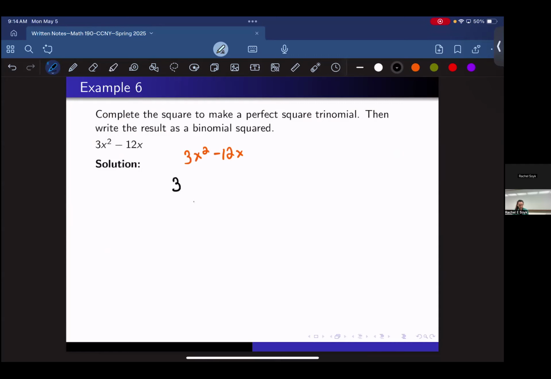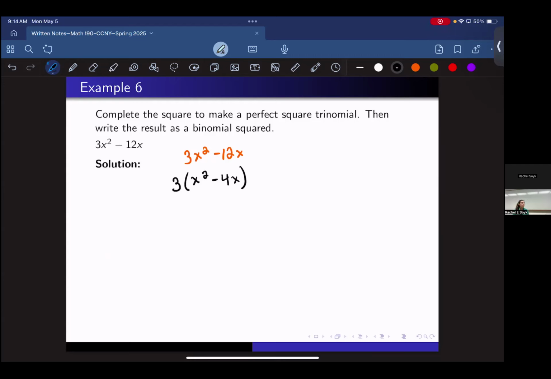Well, we want to make it a perfect square, so let's just pull out the constant 3. And then we're left with x squared minus 4x. Technically you could pull out the 3x, but that's not our objective here.